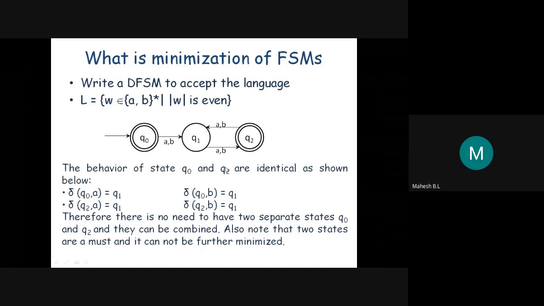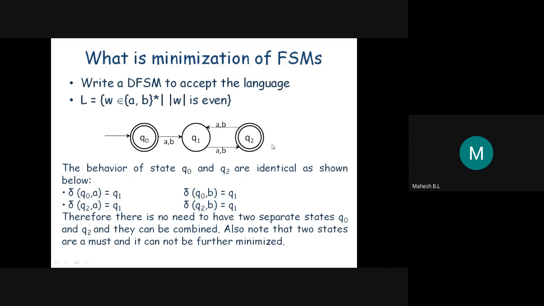When you consider this DFSM, you come to know that states Q0 and Q2 are meant for the same purpose, and there is no difference between Q0 and Q2. Both of them are the same with respect to the transitions. That's why they can be combined into one single state.